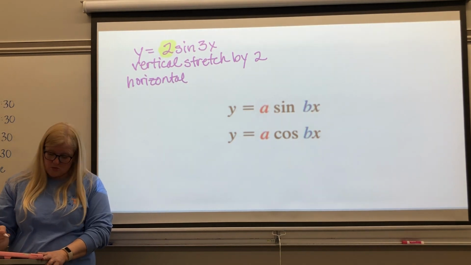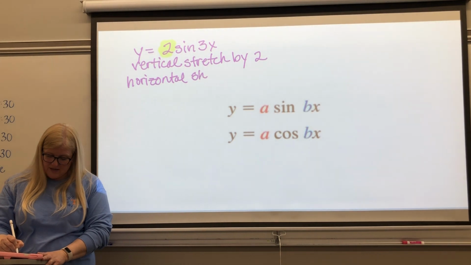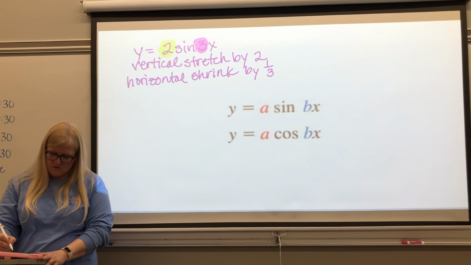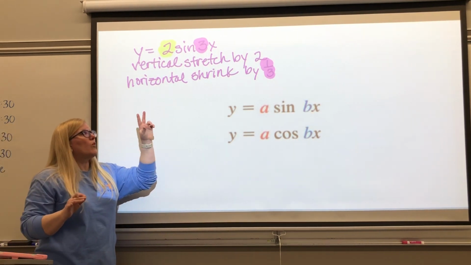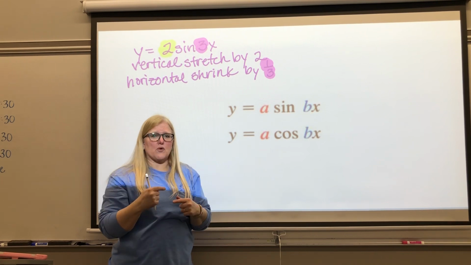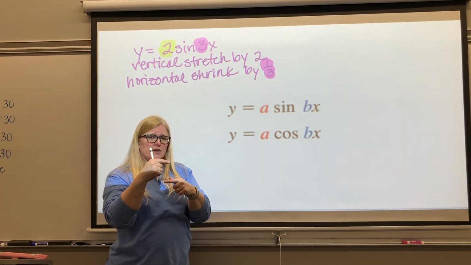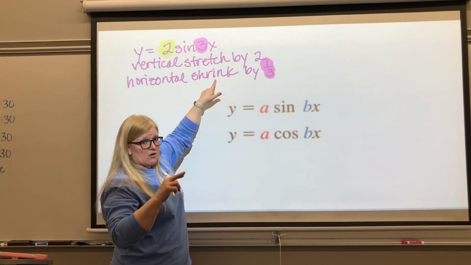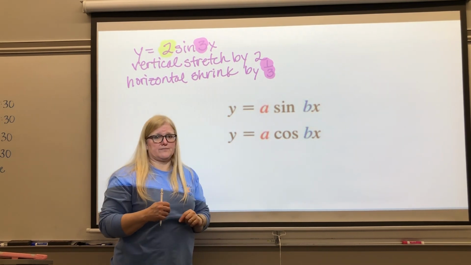It looks like a stretch, but it's actually a shrink by 1/3, okay? What you do is you take that number and you take the reciprocal, and the reciprocal of 3 is 1/3. All right, so you flip it, and because it's flipped, because it's between 0 and 1, it's a shrink.